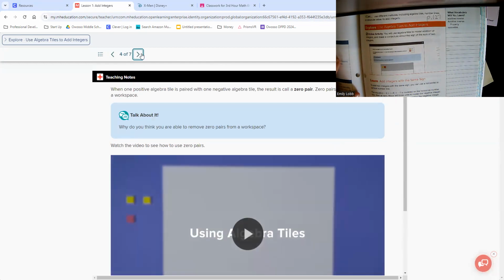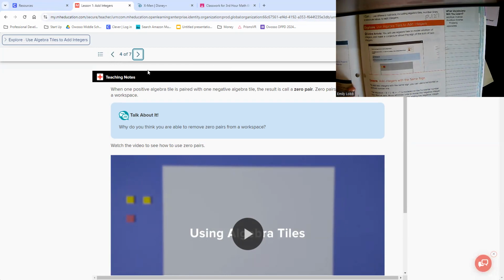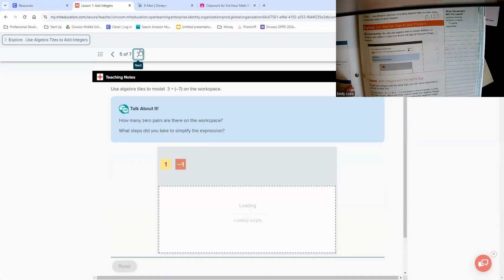So now what happens when you have a positive combined with a negative? They become what? What's 1 minus 1? 0. If I have a -1 and a +1, they become 0. So another way we could model this is if I have 3 positive ones, I would choose these positive ones, but then I would have 7 negatives.